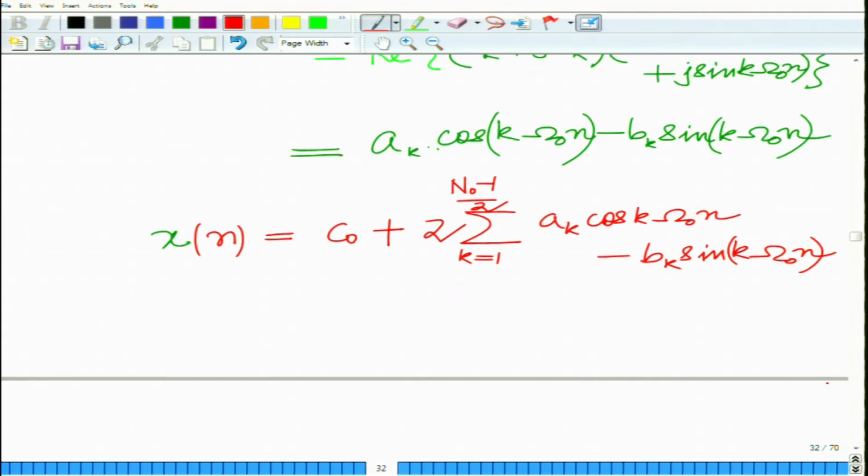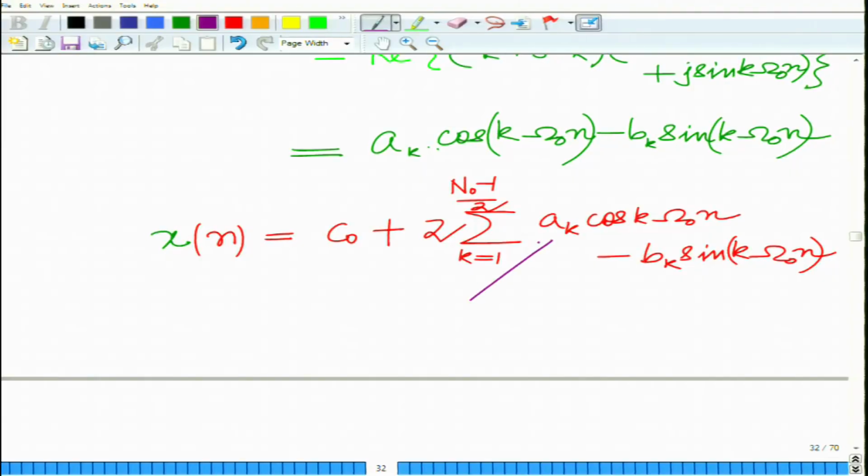I have already told you that this a k and b k are obtained from the DFS coefficient Ck such that Ck is a k plus j b k. So, a k is the real part and b k is the imaginary part of the DFS coefficient Ck.